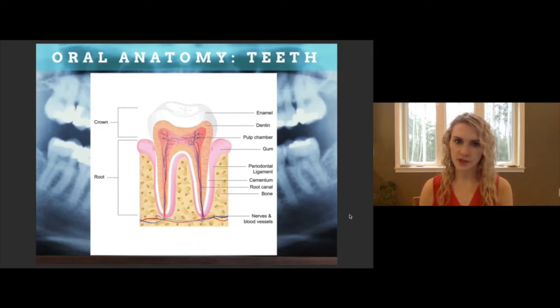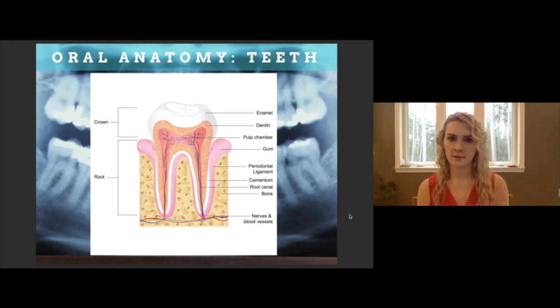So first, let's just review the oral anatomy of a tooth. As we discussed in the last lecture, anything above the gums in the mouth is typically considered the crown of the tooth, and that's what's covered by the strongest substance in our entire body, our enamel. Underneath the enamel is a hard structure called dentin.